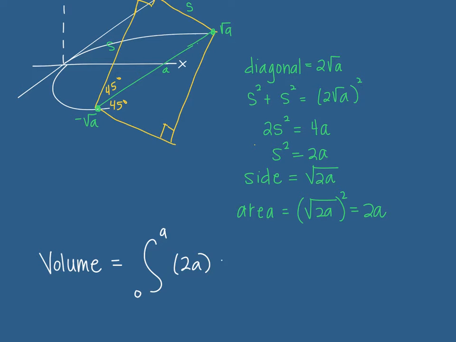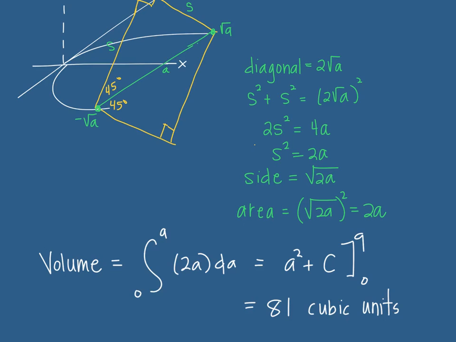So 2A dA. Such an easy problem to do once you've got the geometry worked out. So the antiderivative is A squared plus C on 0 to 9. And so then the answer is 81 cubic units again. Say that again.